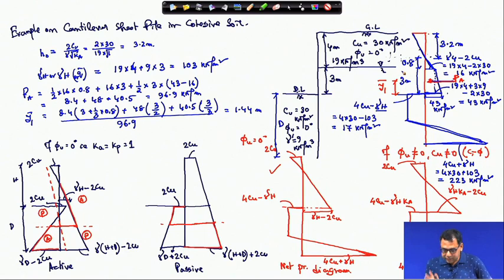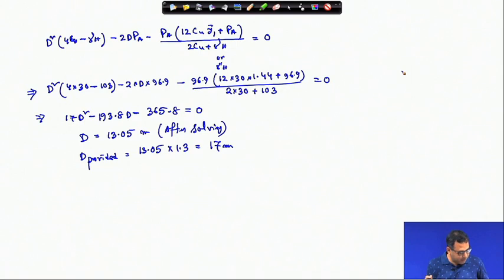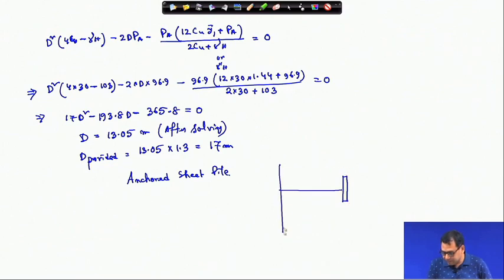So, you keep these things in mind before you solve this type of problem when you are designing the sheet pile. Another thing is the calculation of He for the anchor. When I design the anchor for an anchored sheet pile, this is the anchor length and this is the ground surface.